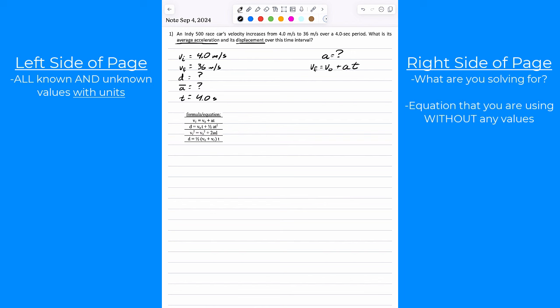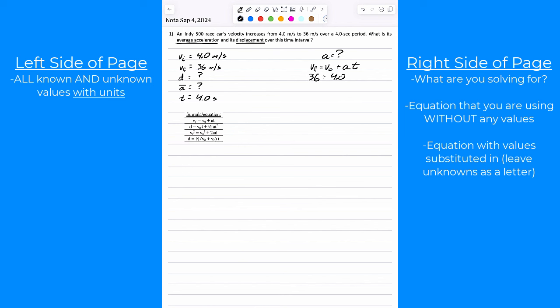Then I'm going to substitute values in. I know V final is 36, and I'm going to leave units off to keep this clean as I do my math. V naught, or V initial, is going to be 4.0. And again, V naught and V initial, I'll use them both. I really should be using the same one within the problem. So just know that V naught does represent initial velocity.